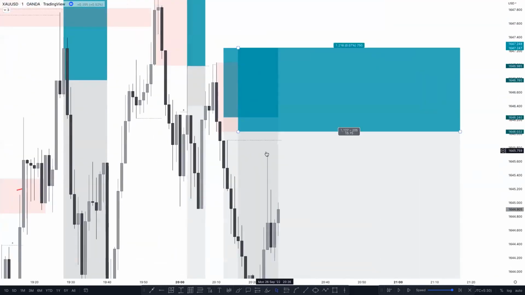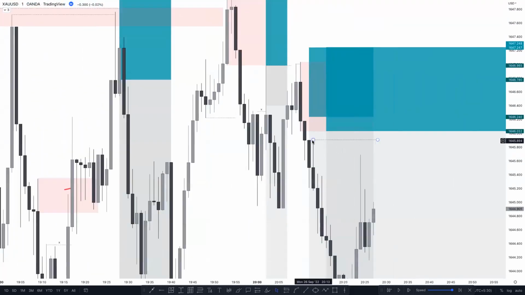You can see this is our valid up pullback because this high taken out the previous candle high, and this is very deep, right? If I mark here like this, it very barely breaks this high, right? So this high acts like a minor inducement, and this order block is still valid for the sell.